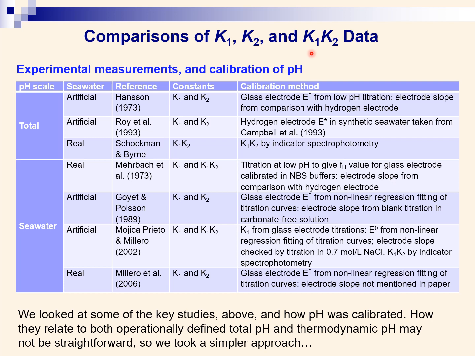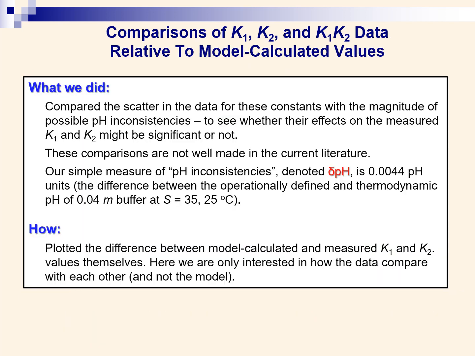So we took a very simple approach to looking at this. We compared the scatter in the data for these K1 and K2 constants with the magnitude of possible pH inconsistencies, simply to see whether their effects on the measured K1 and K2 might be significant or not.